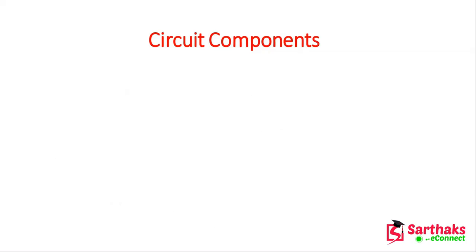The next circuit component that we are going to look at, the sixth one, is the closed key. The closed key is denoted by a dot present here. It is a diagram of the open key only, but a dot is present here.